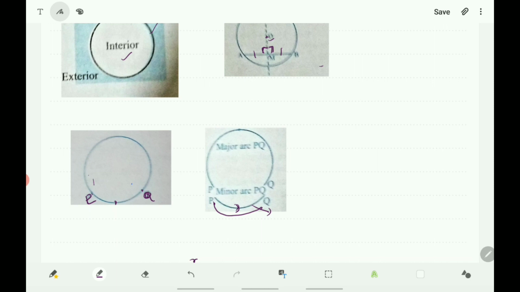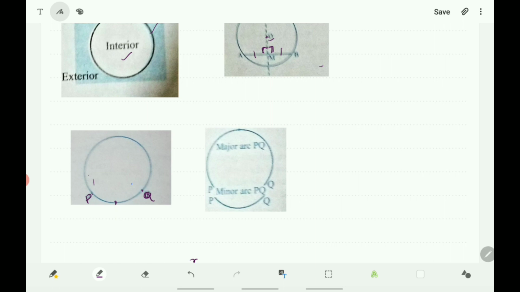P and Q are two points on the circle, and if the circle is separated at P and Q, you will get a piece of the circle between those two points. One is the smaller piece and the other is the larger piece.